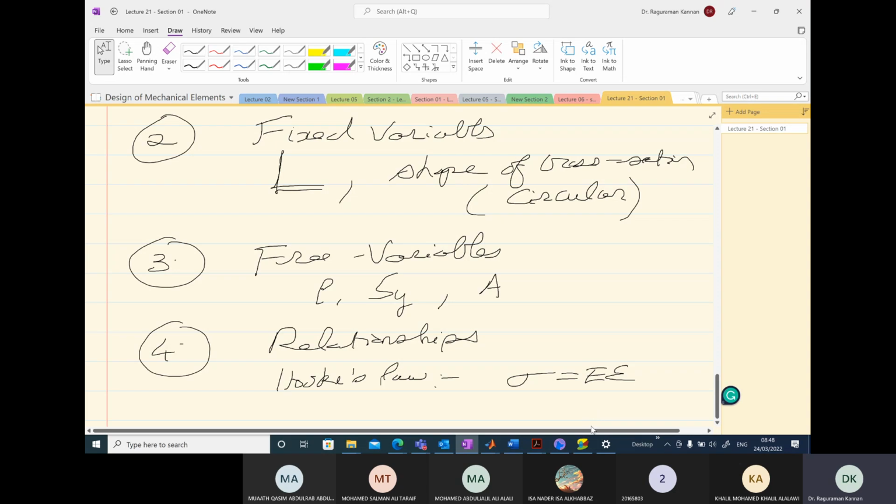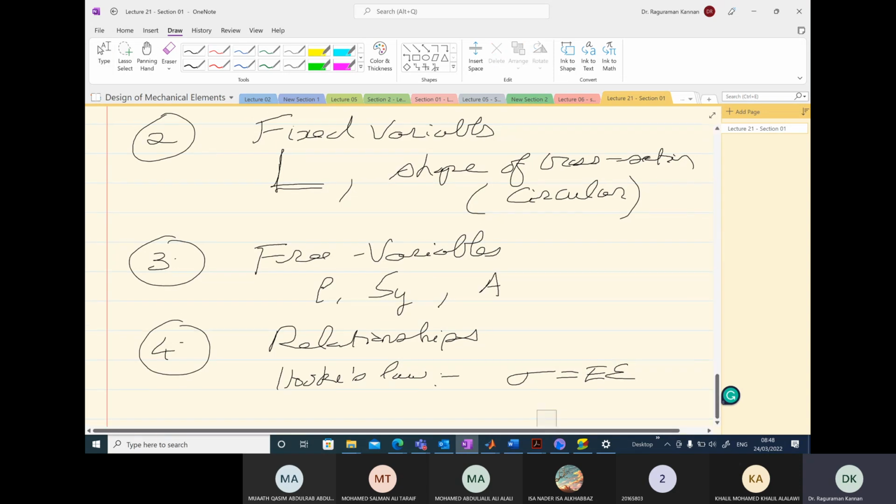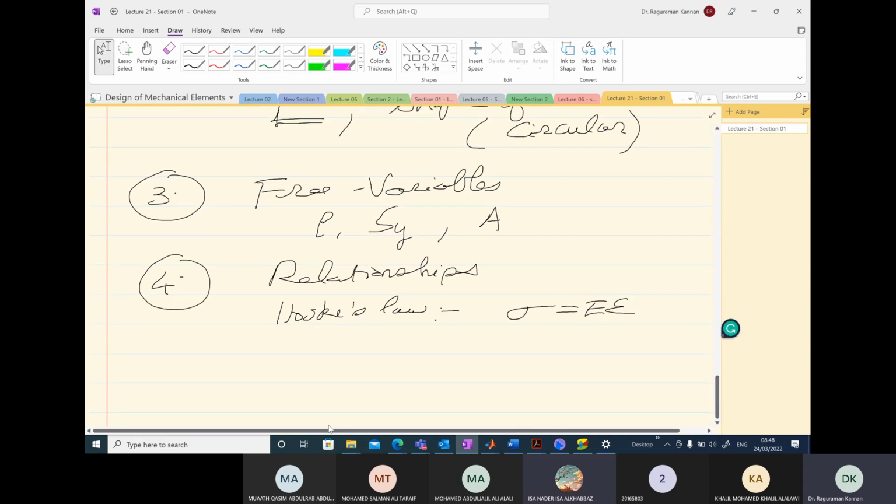Since we want a strong material, what does it mean? We can change the strength to deflection over the original length. Strength to deflection? No, the strain, doctor. Strain. Okay, strain. Okay, yes.